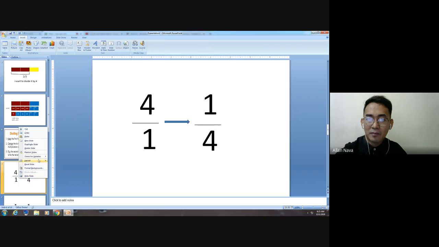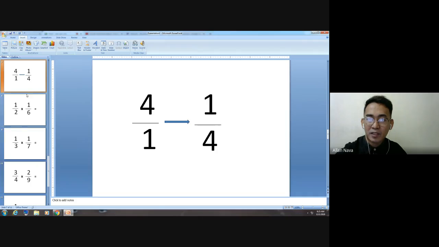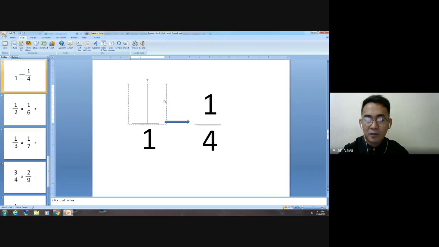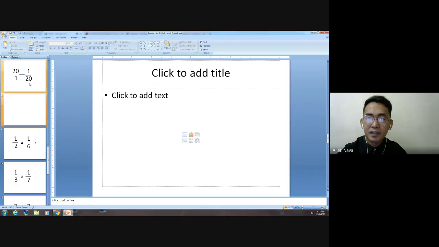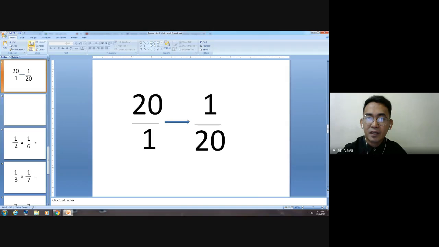Halimbawa, let's say we have 8. So the denominator of 8 is 1. So pag flip natin siya magiging 1/8. Okay, let's say 20. 20 over 1. So pag flip natin magiging 1/20. So that is what we call the reciprocal.